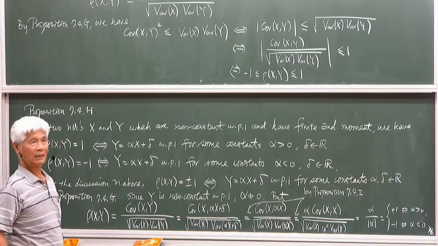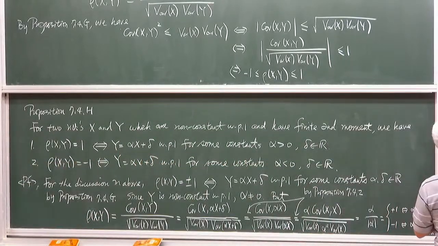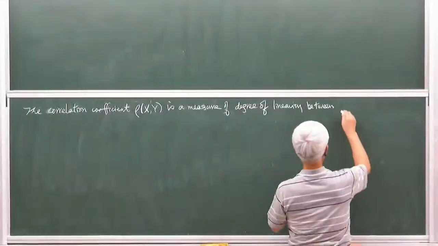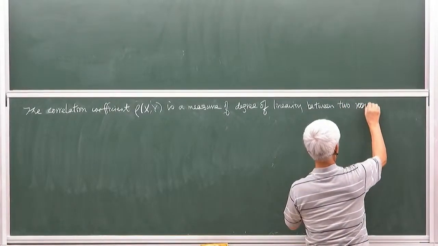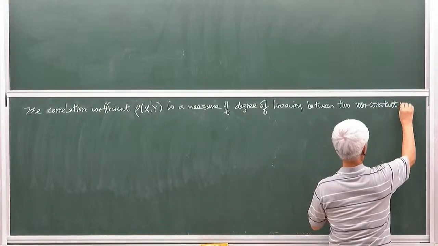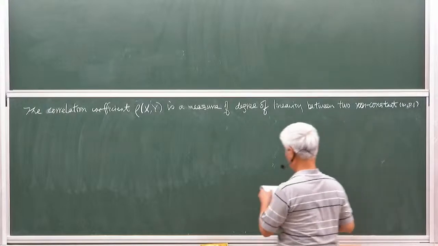Any questions? So now we can say the correlation coefficient rho of xy is a measure of the degree of linearity between two non-constant random variables.